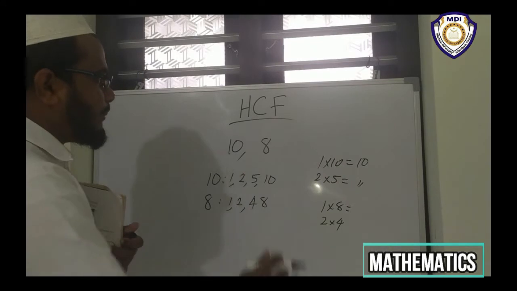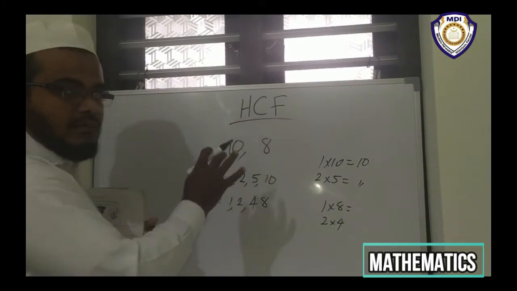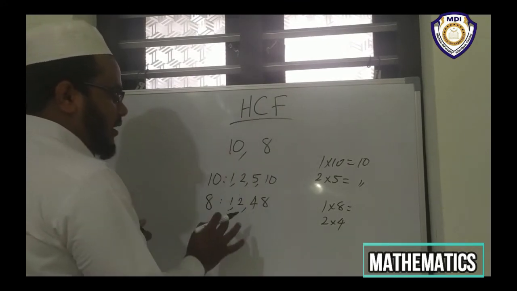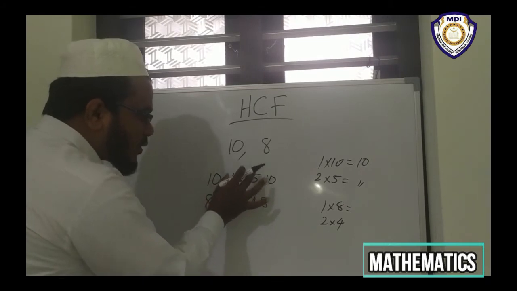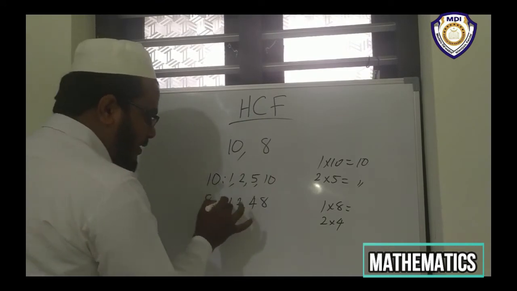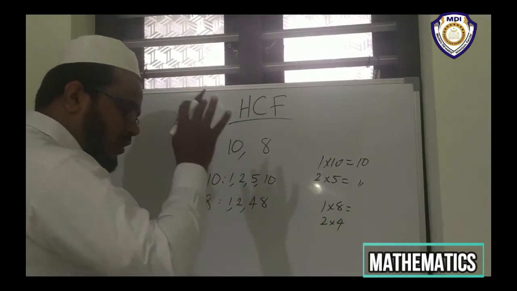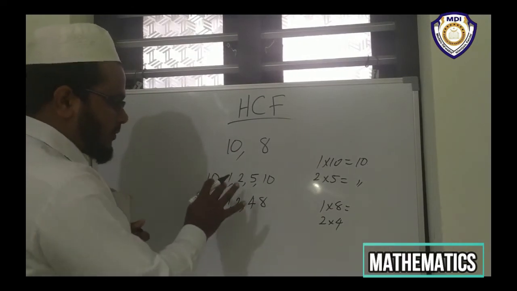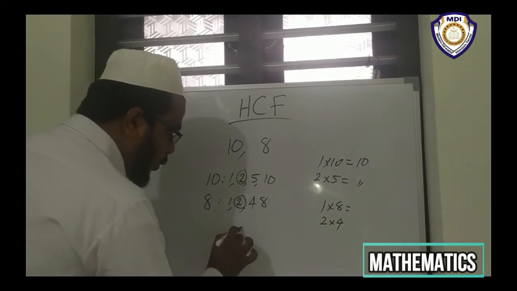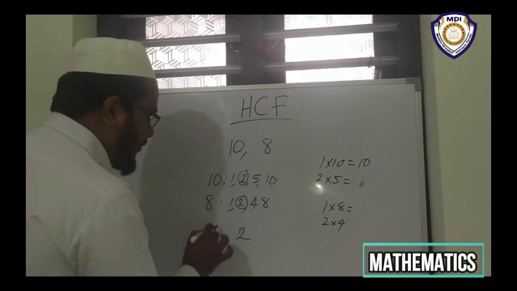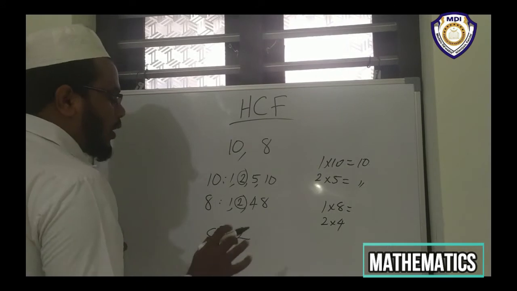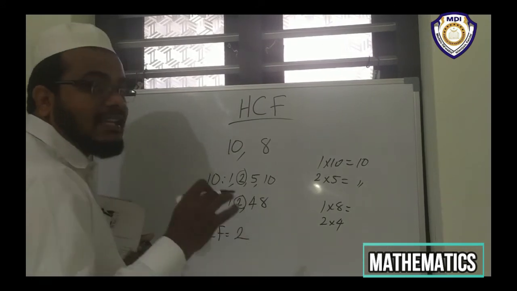Then our question, what is HCF? Highest common factor. We got the factors of each number and we have to select the common factors. One is a common factor, but we can avoid it because one is a common factor everywhere. Next, 2 is a common factor here. Then 5, no. 10, no. So 2 only is the common factor.